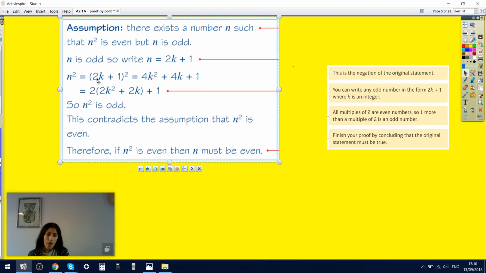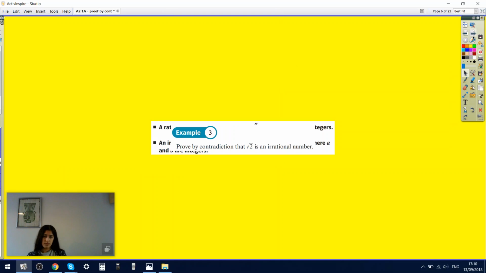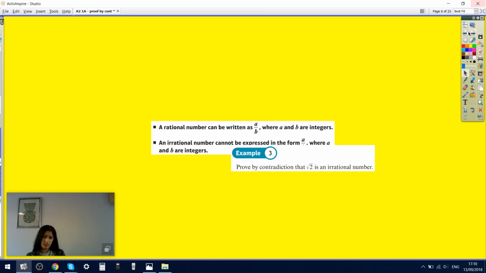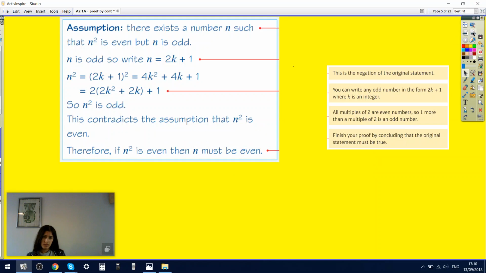They factorized out 2 and wrote much less. n is odd, so n equals 2k plus 1, and n squared equals that. They expanded it and factorized out 2 because all multiples of 2 are even numbers. So n squared is odd. This contradicts the assumption, therefore. Okay, so we just need to say this contradicts the assumption.